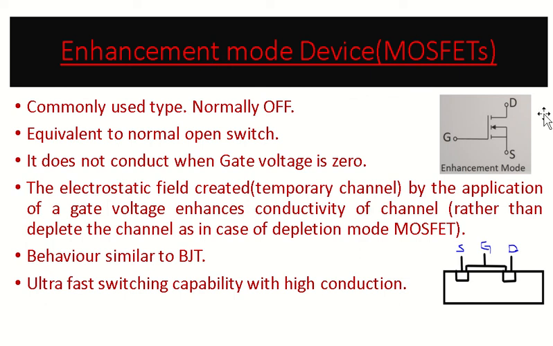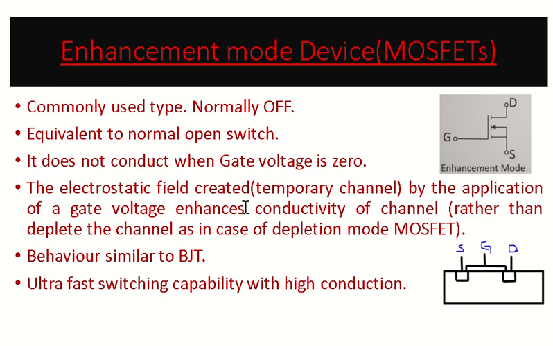So MOSFETs can be used in enhancement as well as depletion. In the case of the enhancement mode device, we have seen that it is normally in the off state. It is one of the commonly used devices and modes of operation, equivalent to a normally open state, as I already told. It does not conduct when gate voltage is zero. If no voltage is applied, it will normally be in the off state only.